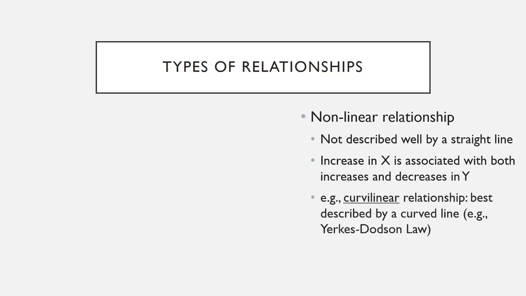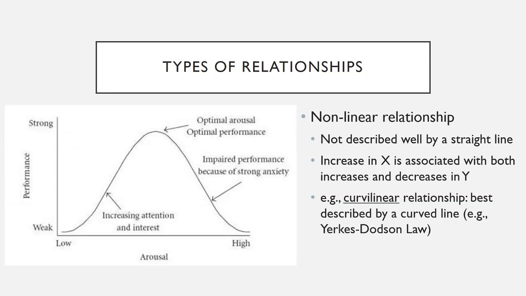A famous example of this, as depicted by the Yerkes-Dodson law from cognitive psychology, is a curvilinear relationship between your variables. So the Yerkes-Dodson law, if you're not familiar with cognitive psychology, is that the relationship between arousal or agitation, like physiological arousal, and your performance on a task is related in a way that's best summarized by this curved line.